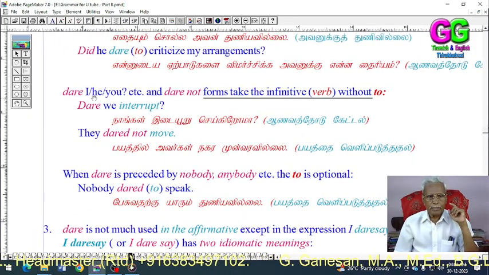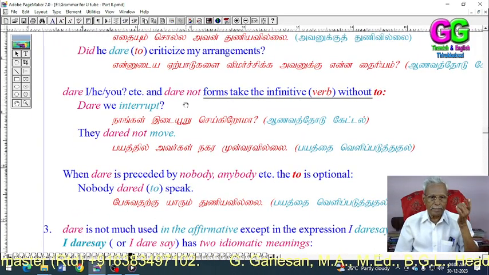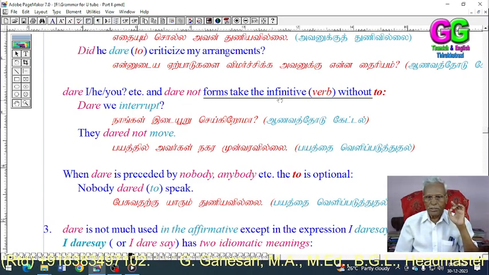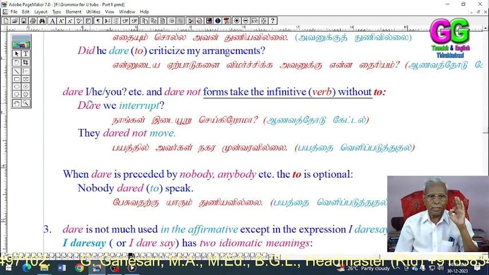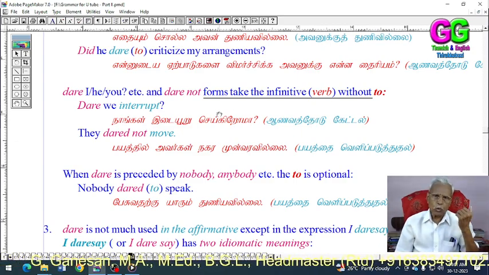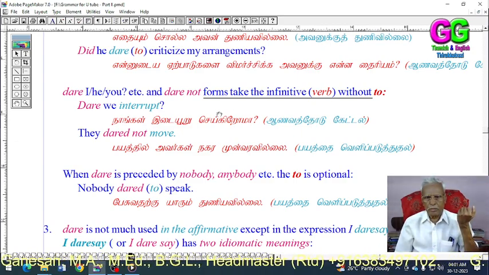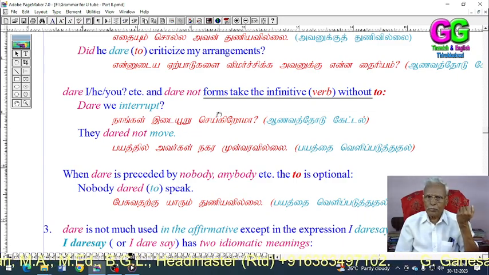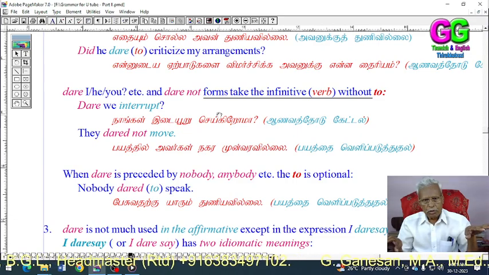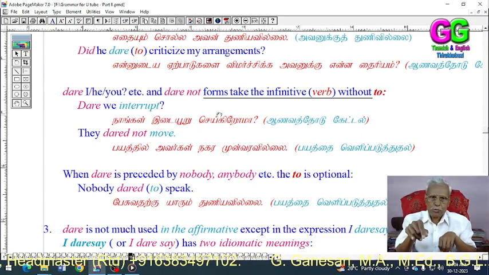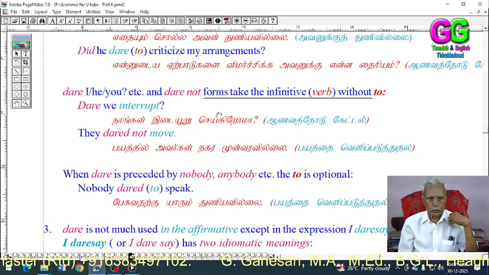Dare I, he, say, etc. And dare not forms take the infinitive without the to. That is, dare and dare not with all persons are used without the infinitive to.